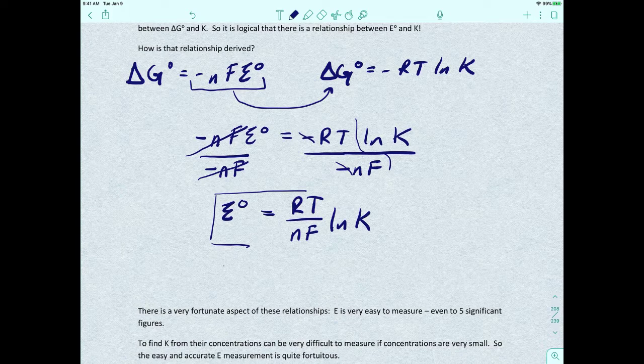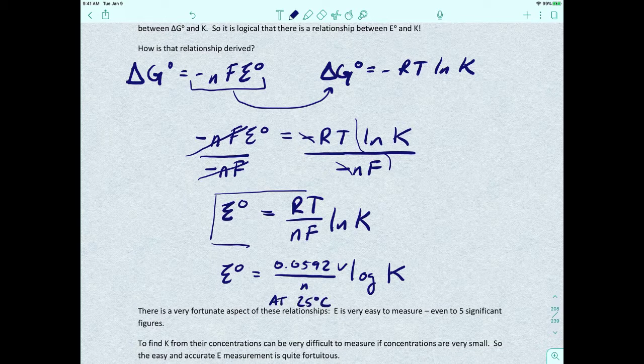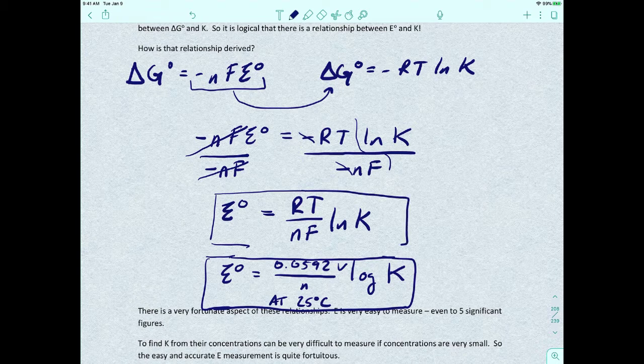At 25 degrees Celsius, we said that the cell potential at standard state was equal to 0.0592 volts divided by the number of moles of electrons times the log of K. So this is a special form of that equation at 25 degrees Celsius. At 25 degrees Celsius, you can use this second equation. At any other temperature, you have to use the first equation.